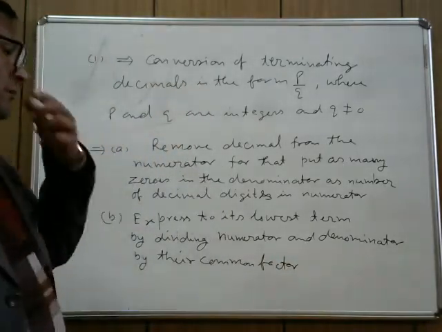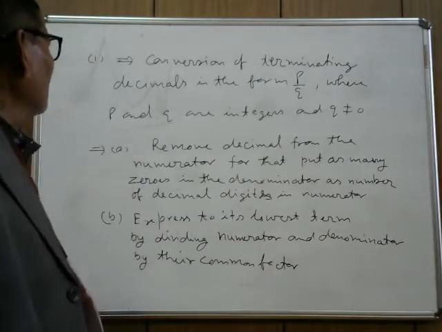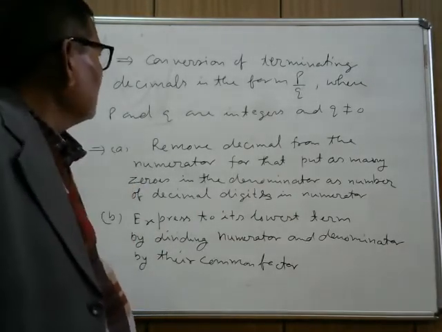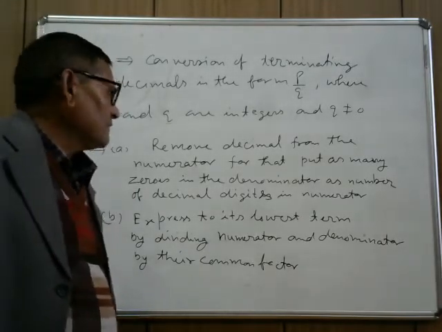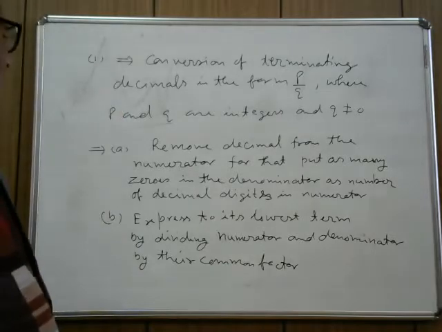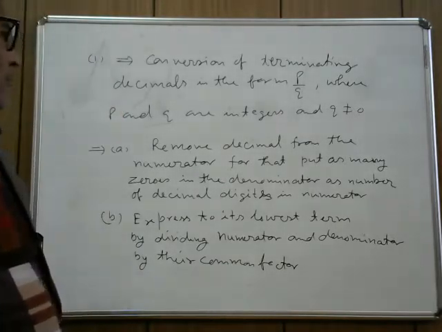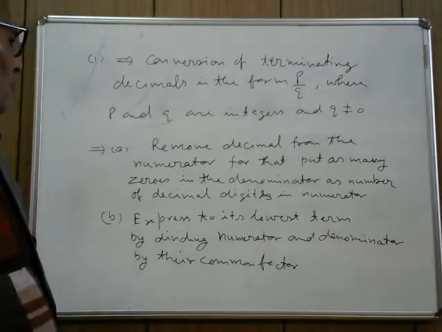Now again I am repeating what is my objective for today to teach you. Number 1, conversion of terminating decimals in the form of p by q, where p and q are integers and q is not equal to 0. For that, your first step, remove decimal from the numerator.